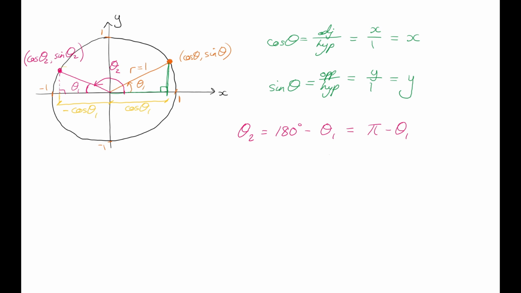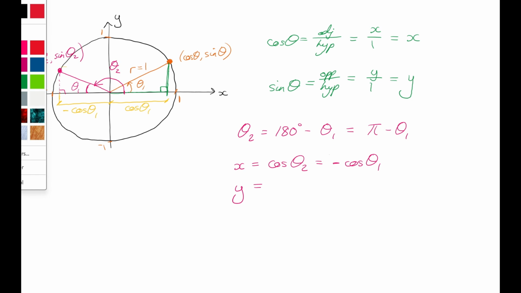Well, I can look at the x coordinate of this pink point, and I can therefore say the x coordinate is equal to the cosine of theta 2. But we can also see that that's the negative cosine of theta 1, just by the symmetry of these triangles. When I look at the y coordinate, we can see that they're identical. So my y coordinate here, sine theta 2, is going to be equal to sine of theta 1.